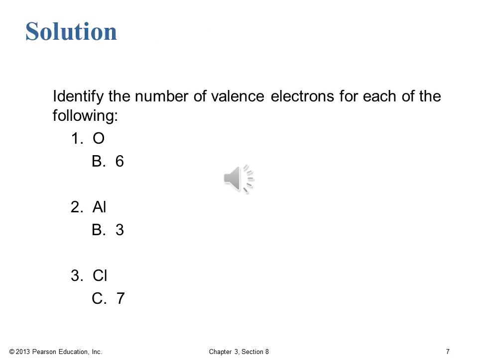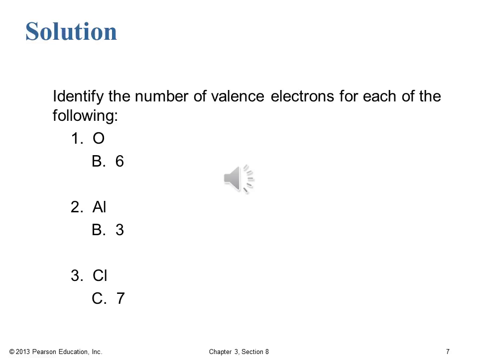you did. Okay, so looking at oxygen, oxygen's a group 6A or group 16 element, so we would expect B, 6 valence electrons to be present. So hopefully you answered that one correctly. Again, it has a total of 8 electrons, but those 1s electrons don't really have much to do with the chemistry.